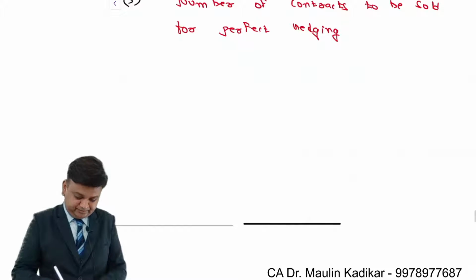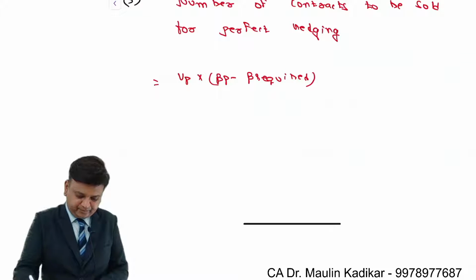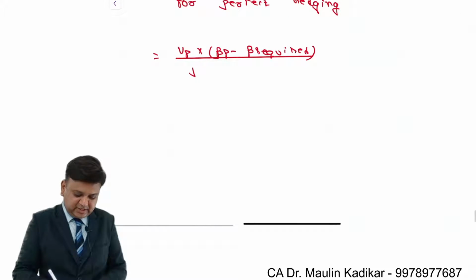In that, value of portfolio into beta of portfolio minus beta required, divided by futures index value into lot size.